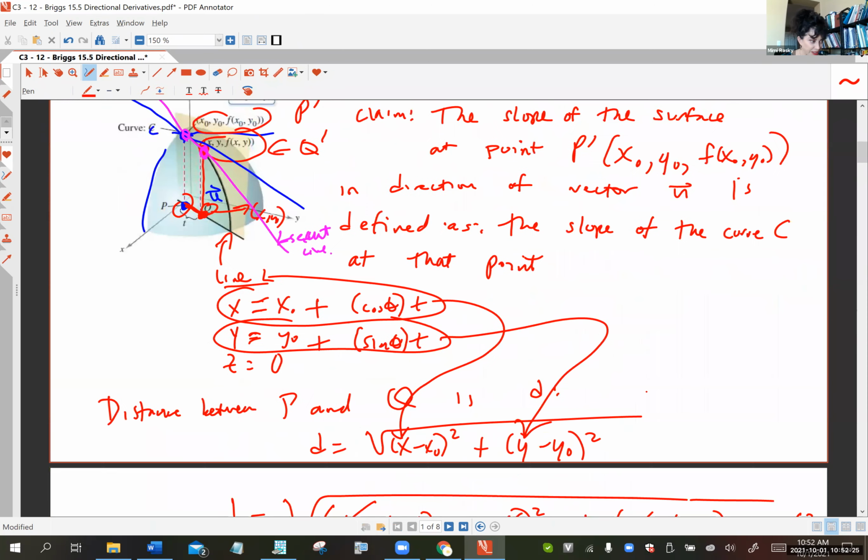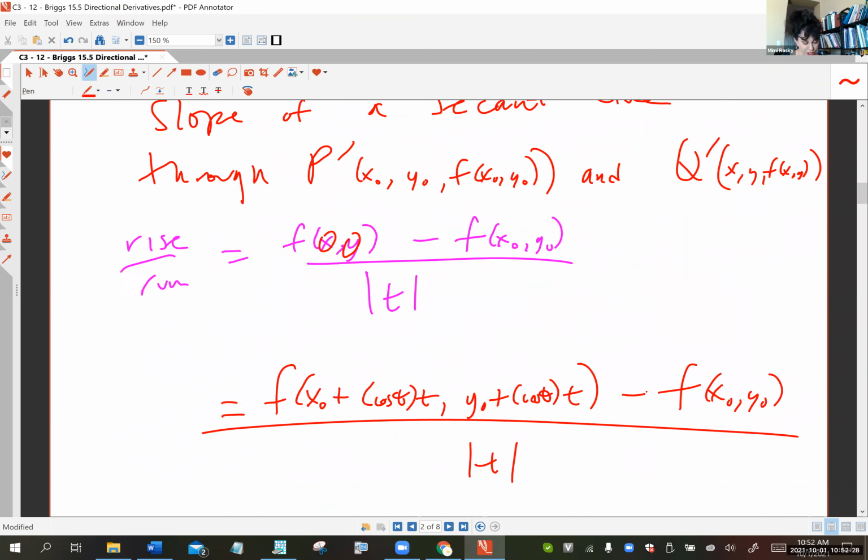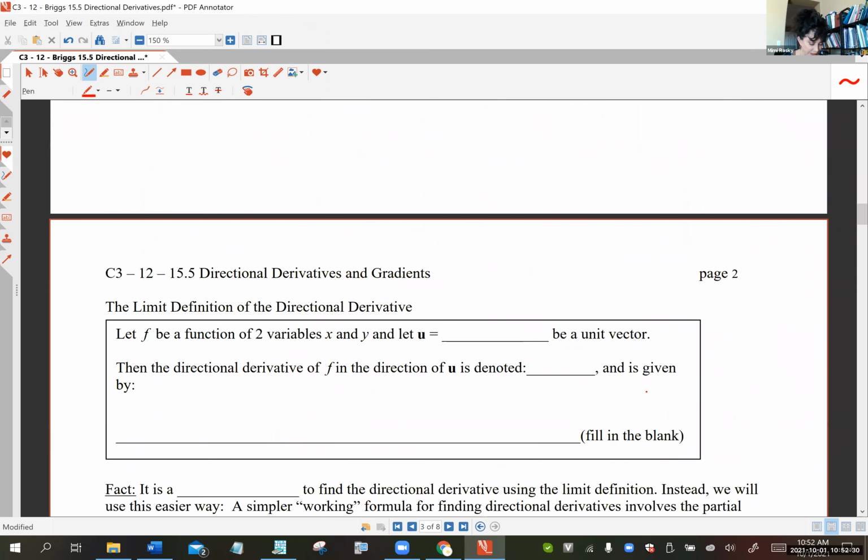So the official, we're done with the derivation. The theorem is a limit definition. Really? Yeah. So here it is. So the limit definition. You got f, it's a function of two variables. You got a unit vector that lives in the xy plane. The components are cos theta, sine theta. That's a unit vector. It's pointing you in the direction that you want this directional derivative. And so the directional derivative of f in the direction of u is denoted big D, subscript u, f, and is given by big D, subscript u, f of x, y is what?